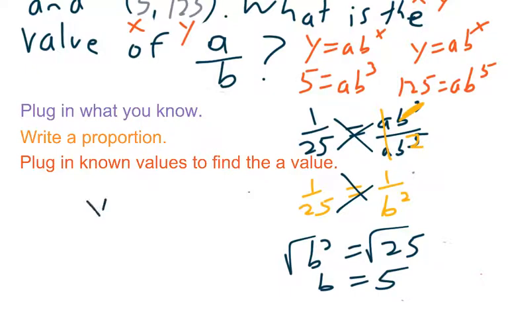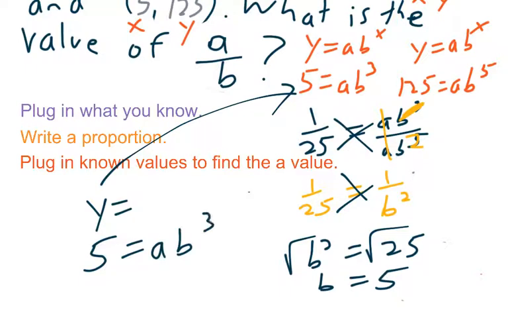And then we plug it back into one of our values. I'm going to choose this one. So the 5 equals ab to the third, but instead of putting a b there, I'm going to put a 5 there and plug it in. And actually there's a pretty quick way to do this one. I can just divide by 5 to the third.